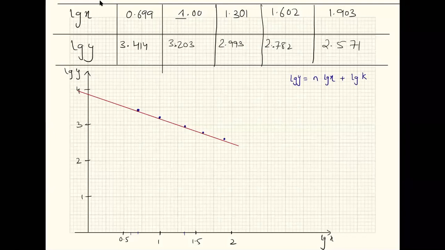So if I want to find the value of n and lgk, for lgk, one thing is that I can just read off the graph, if that's possible. And for n, I'll find the gradient. For gradient, I can take any two values on the graph. Let me take this value and this value.